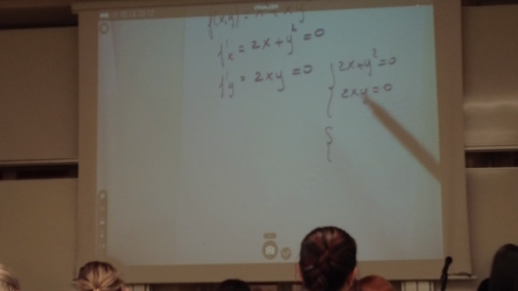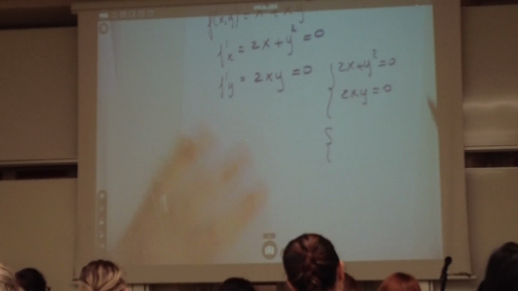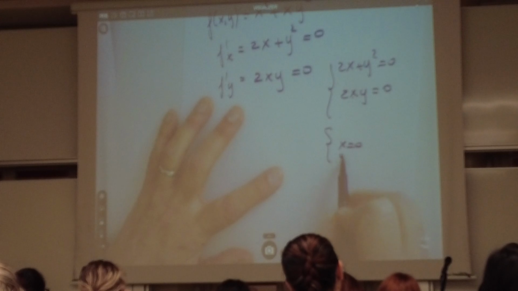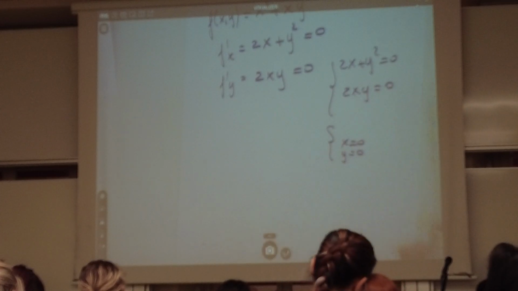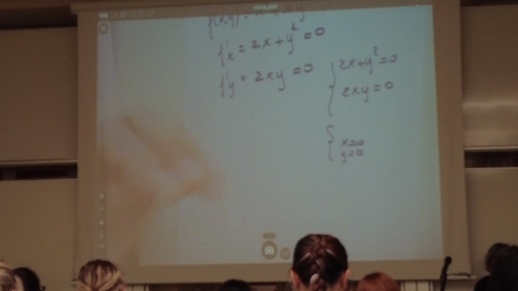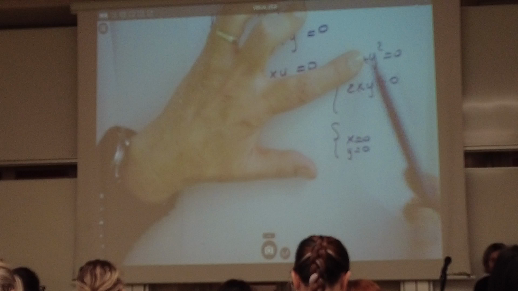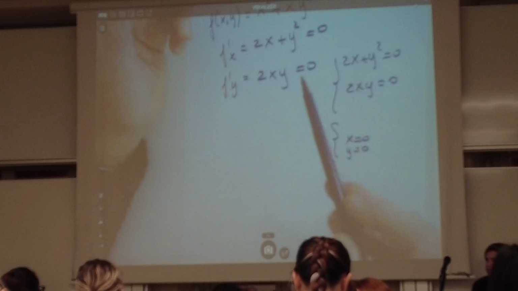Why? In this case, you may have x equal to 0 or y equal to 0, okay? Because they are multiplied, yeah? If you substitute in the first equation, x equal to 0 gives you y equal to 0. If y is equal to 0, you have x equal to 0.